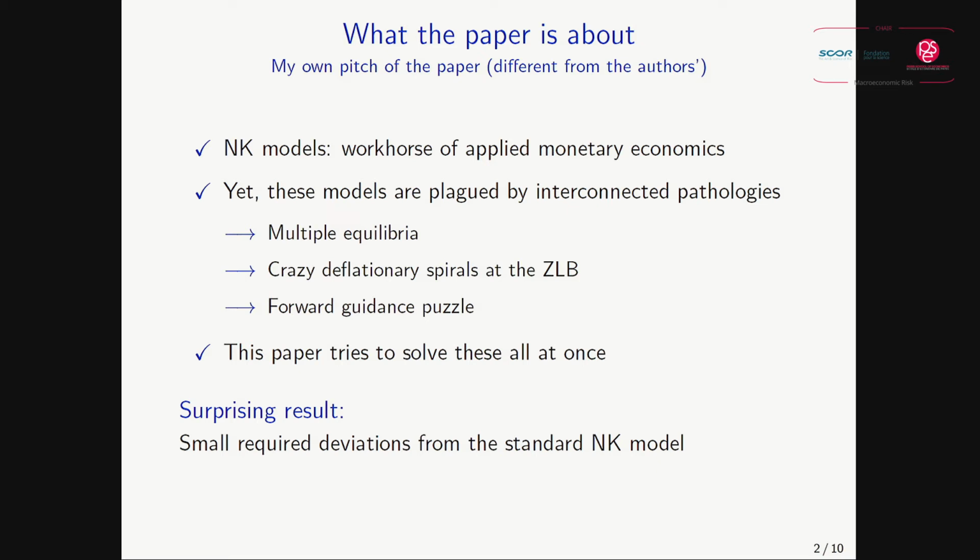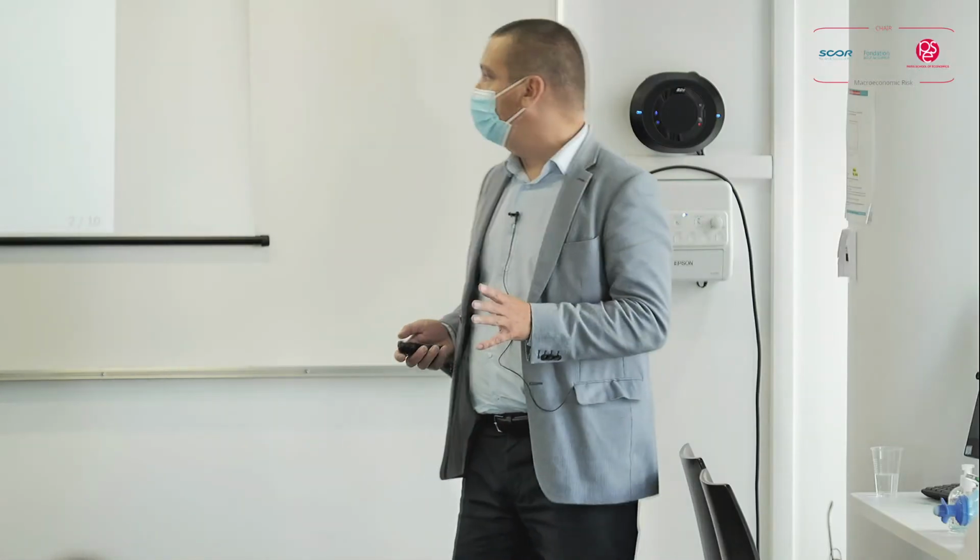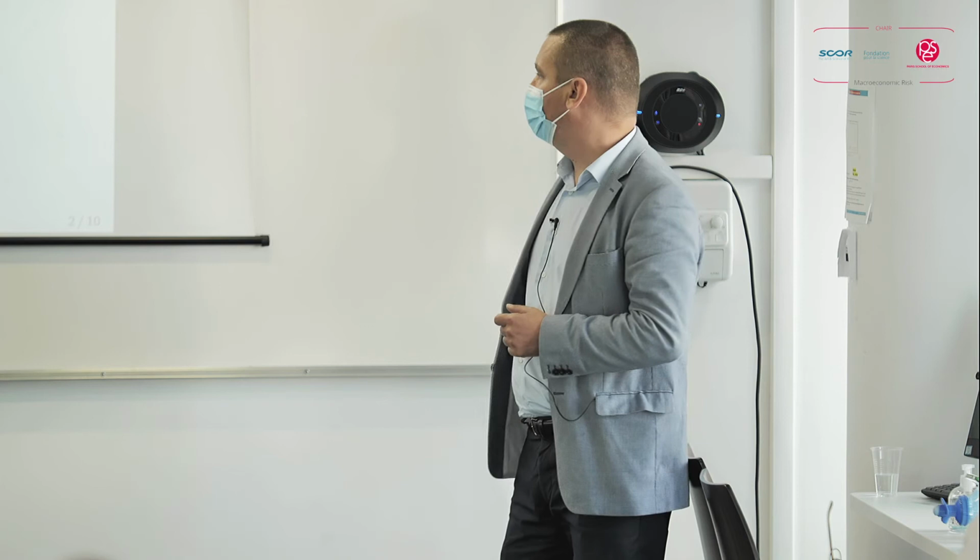So there are multiple equilibria, there are crazy deflationary spirals at the ZLB, and of course the forward guidance puzzle. So to some extent, this paper tries to solve all these pathologies at once, hence ambitious.